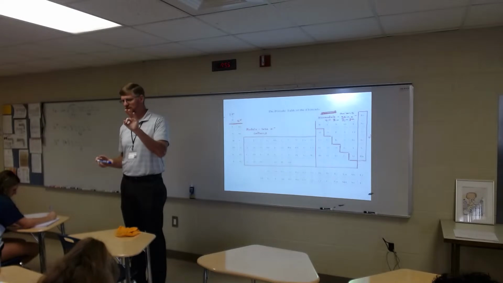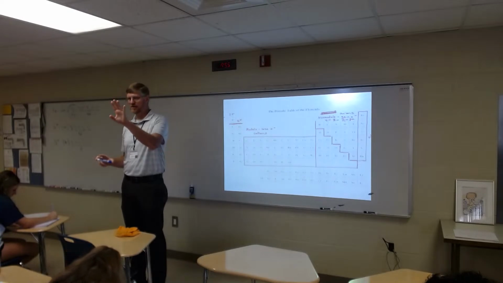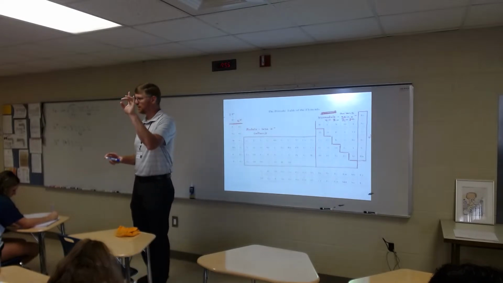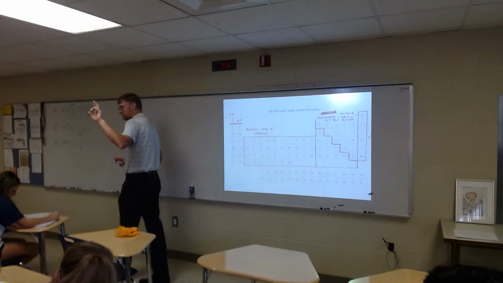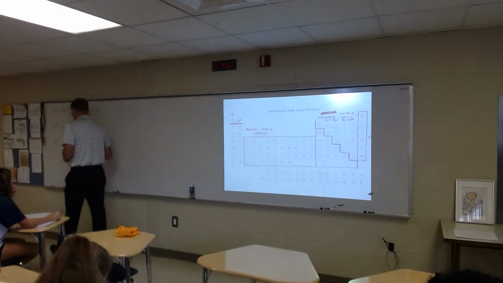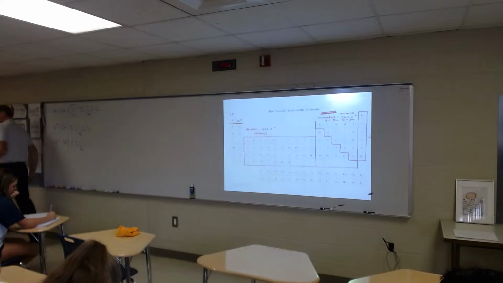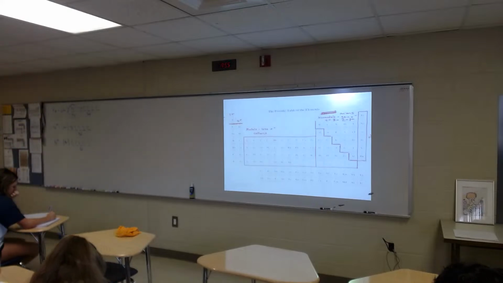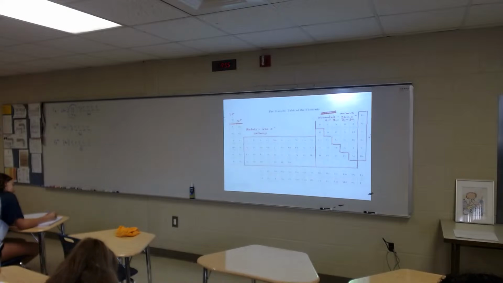So draw 4 orbital diagrams, one of neutral chromium, and one each of chromium 2 plus, 3 plus, and 6 plus. You have about 5 minutes to do that. Chromium is 24. Start with neutral chromium, and then try to figure out how to form a 2 plus cation.